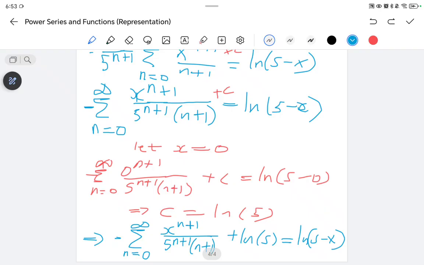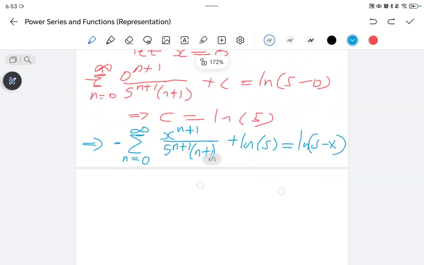So now the question is, what is our R here? Who can tell me what our R is? How do you think we can find our R? Let me give you 3 minutes.